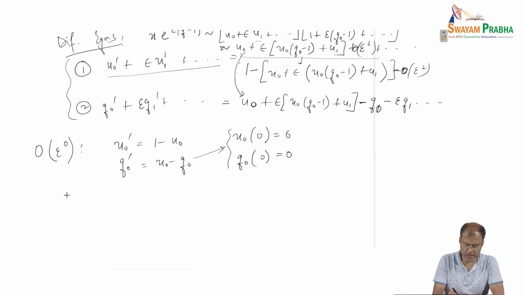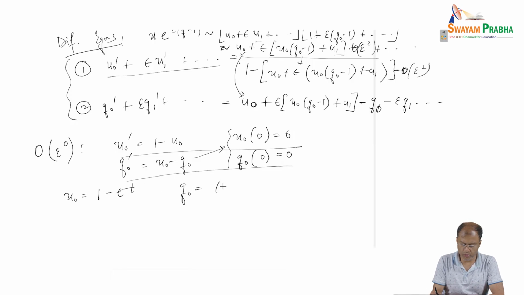And here we see that we can start to solve these equations. So u naught is 1 minus e to the power minus t, and q naught comes out to be 1 minus 1 plus t times e to the power minus t. We have two first order equations, and we have solved these two equations to find the first order expression for the answer.